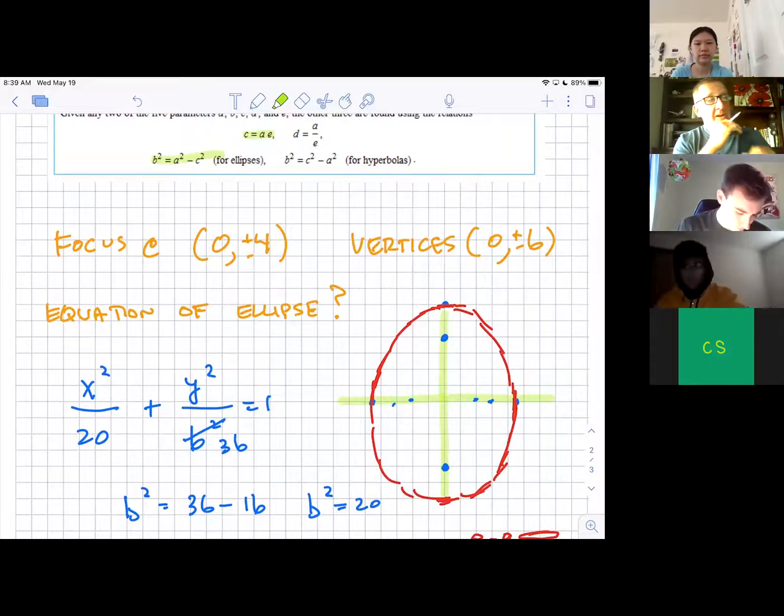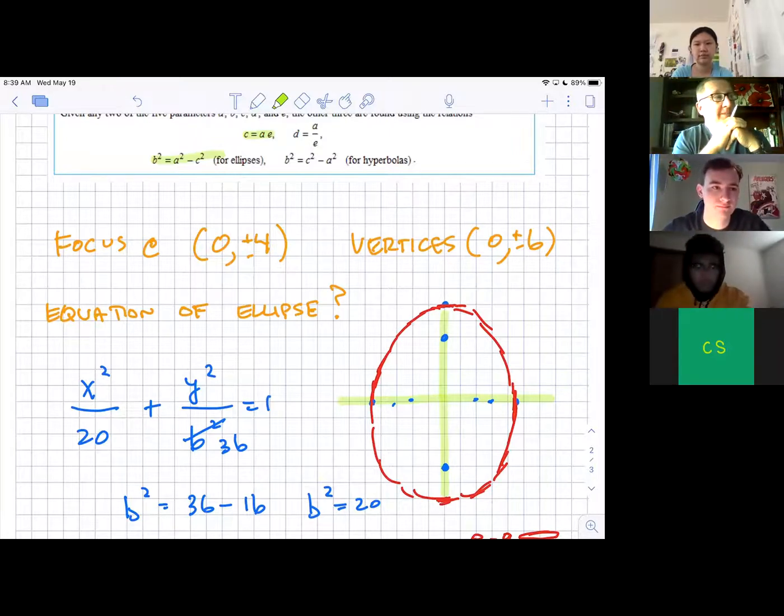Notice in this case, we actually knew everything from the start. Since E is related to C and A, I could actually just take 4 and divide by 6. It's 4 over 6, it's 2/3. That's actually a lot bigger than I thought it was going to be. Do you agree with that? I didn't think it was going to be that big. I thought it was going to be like 0.3. But if C is 4, and the A value here is actually 6, it's 0.67.